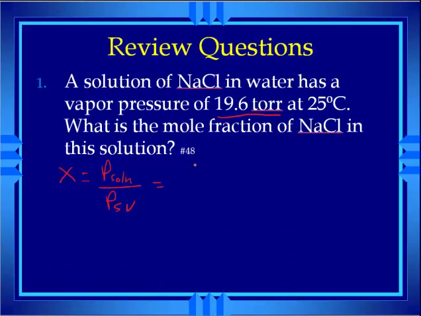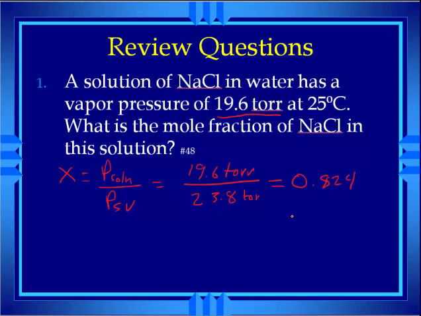The vapor pressure of the solution is 19.6 torr, and then this 23.8 torr should give me the mole fraction of the water. And when I work that out, I get 0.824.